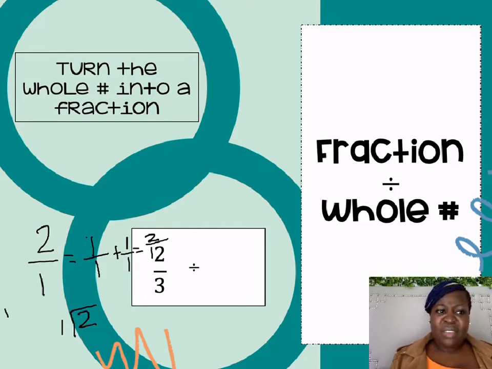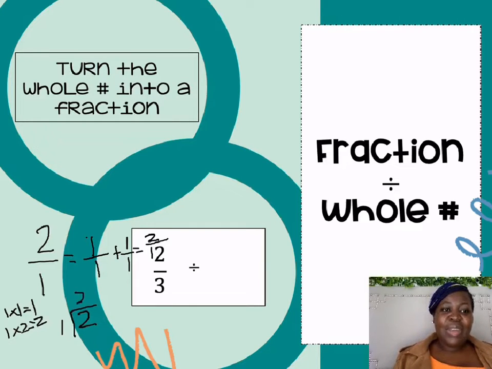We can write our facts. You have 1 times 1 is equal to 1, and 1 times 2 is equal to 2. So how many times can 1 go into 2? It can go 2 times. And now you can multiply 2 times 1 is equal to 2, subtract that, and you're left with 0.